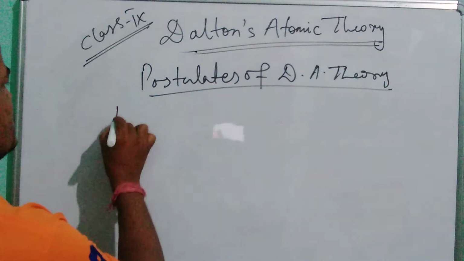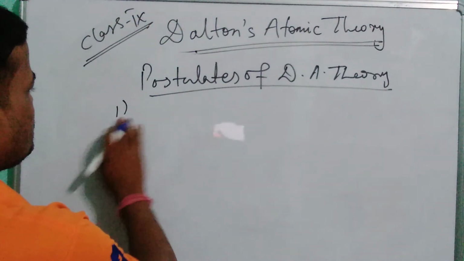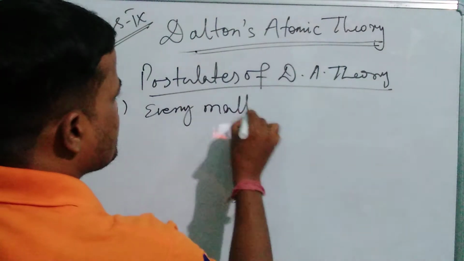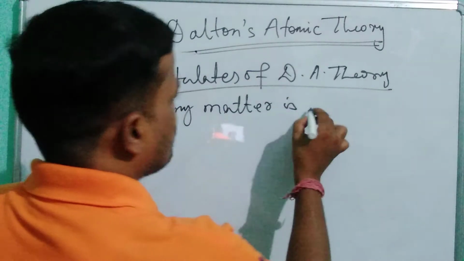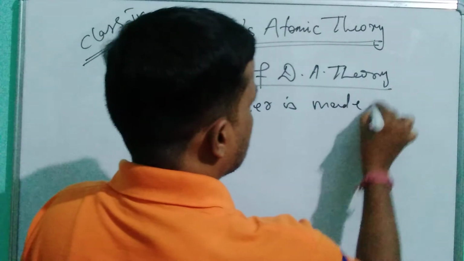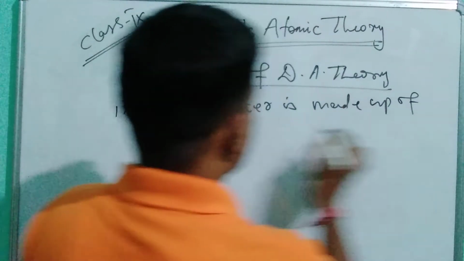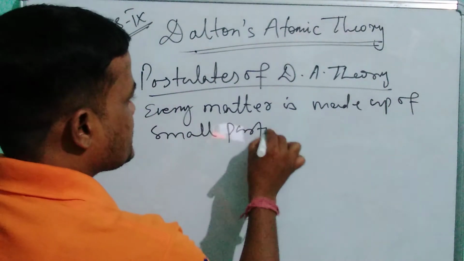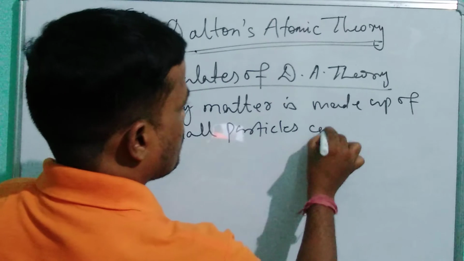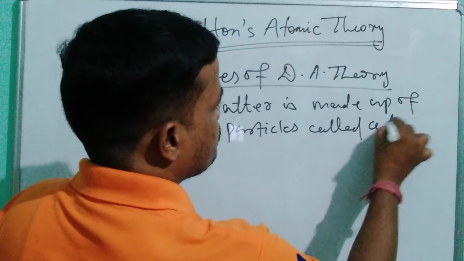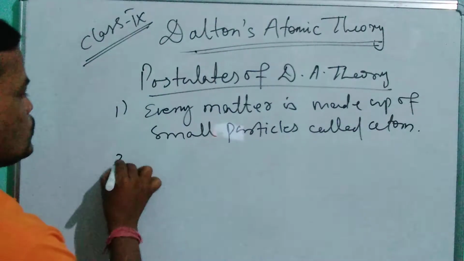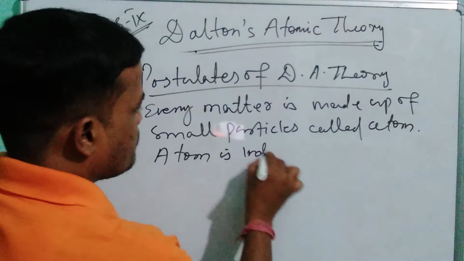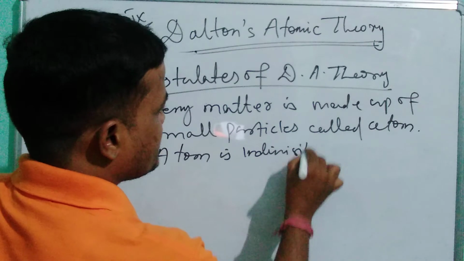Number one is that every matter is made up of small particles called atoms. Number two, atom is indivisible, means it cannot be divided further.